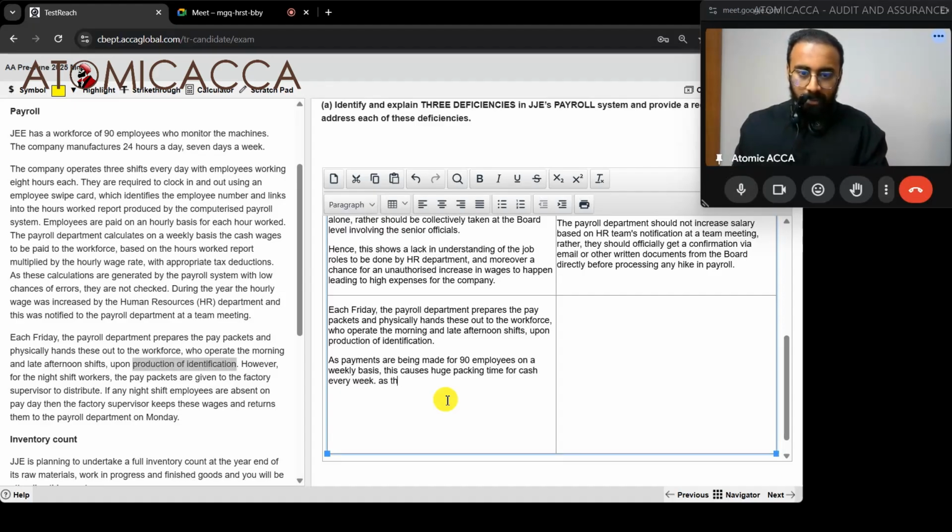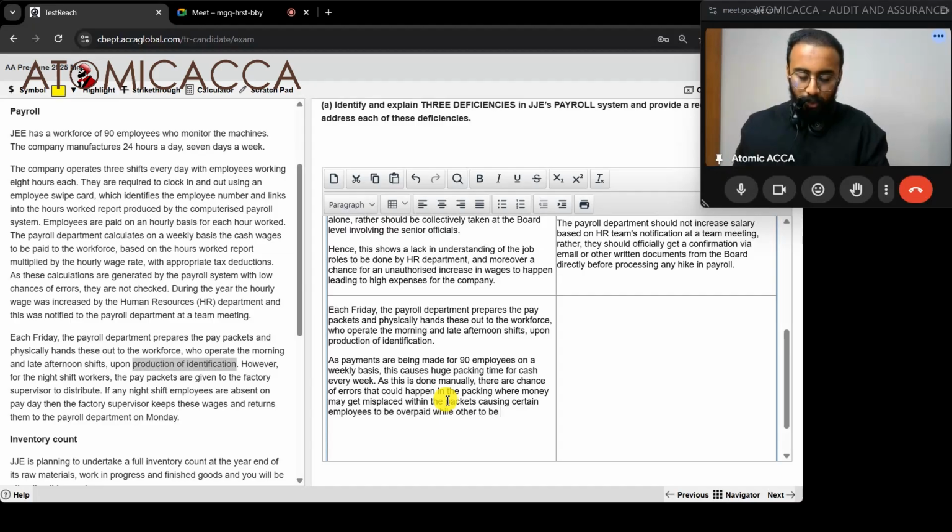Hence, as this is done manually, there are chances of errors that could happen in the packing, where money may get misplaced within the packets, causing certain employees to be overpaid while others to be underpaid, and this overall being difficult to trace.